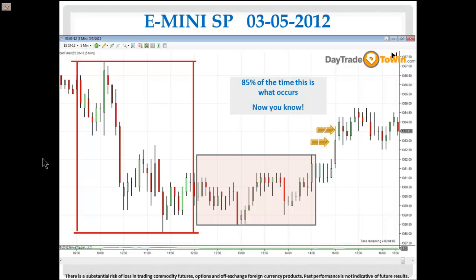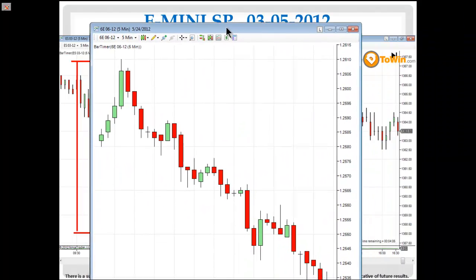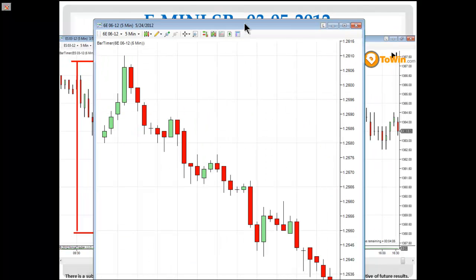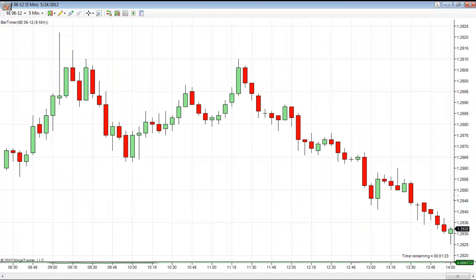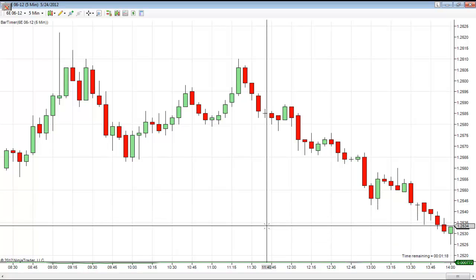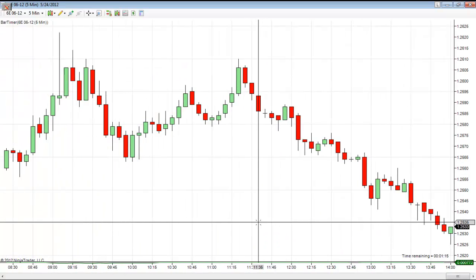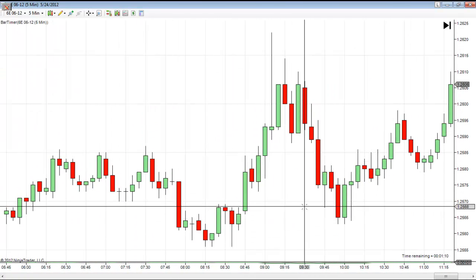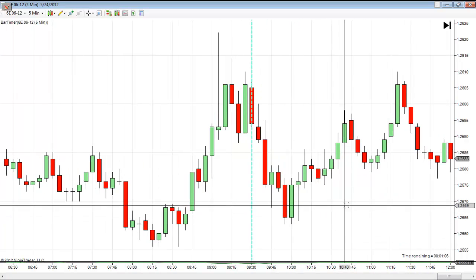Okay. Now, if you want to see other markets, let me see if I have here, here's a Euro chart right here. Okay. And right there. So here we have a Euro chart. This is today. Nothing changes, right? Let's go to 12 o'clock.